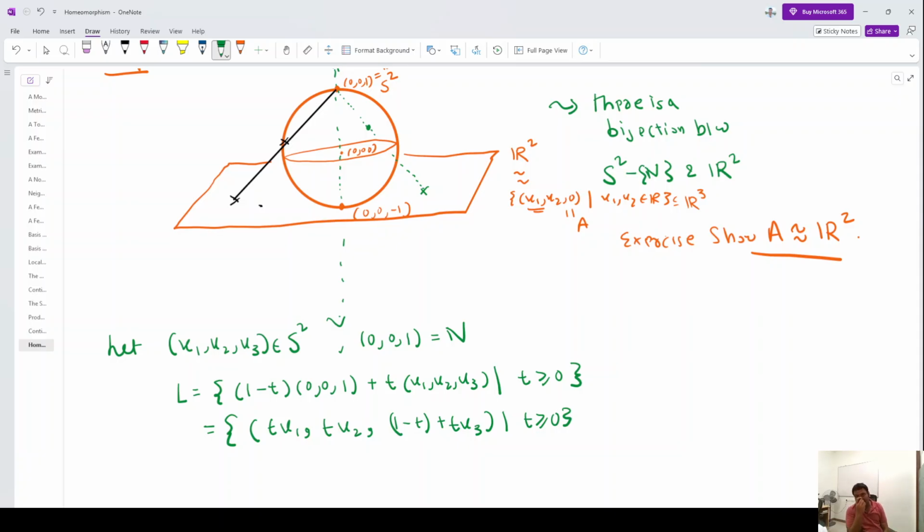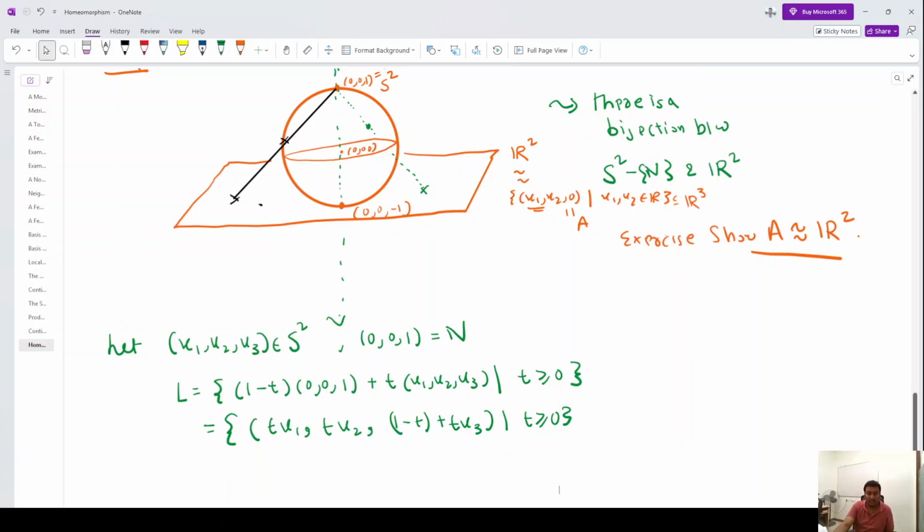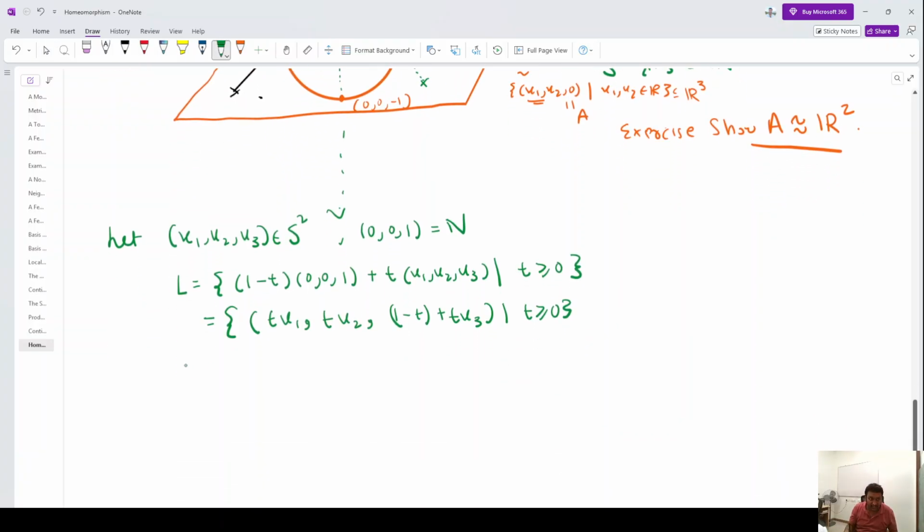When will this ray hit my R2? When the third component is 0. This implies 1 minus t plus t x3 equals 0. I hope this is clear.